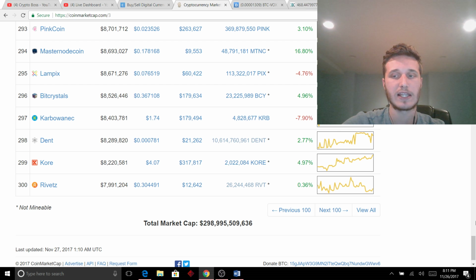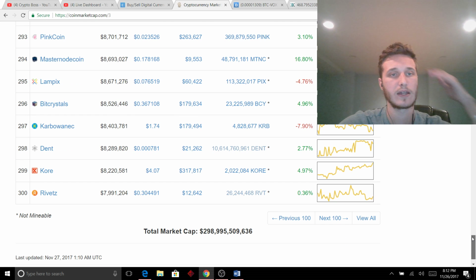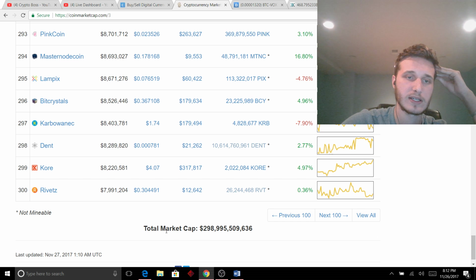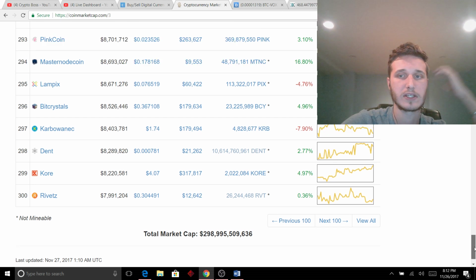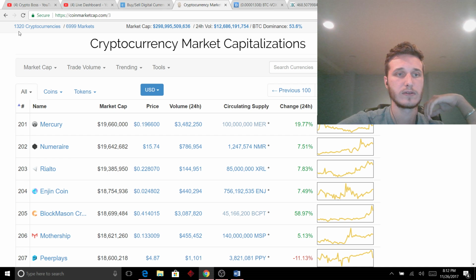So if we went from 160 billion to, we'll just call it 8 million in the first 300 coins, it's going to get really, really small cap by the time you get to coin number 1,300.